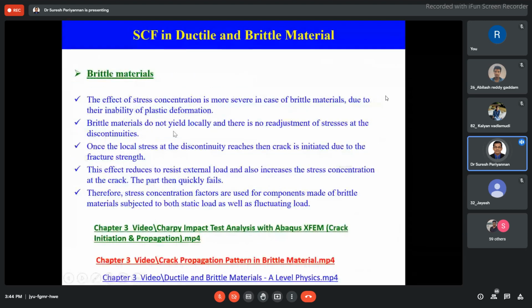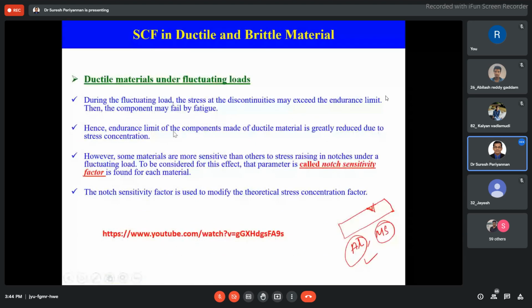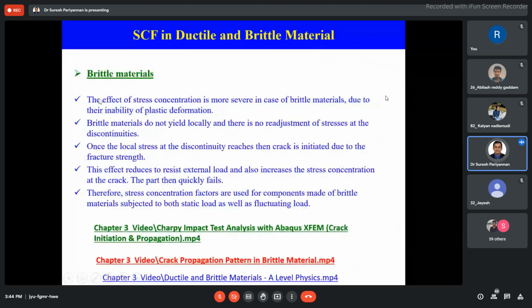Now I come to brittle material. The effect of stress concentration is more in brittle material due to the inability of plastic deformation. For example, in a two-wheeler, consider the back wheel axle.